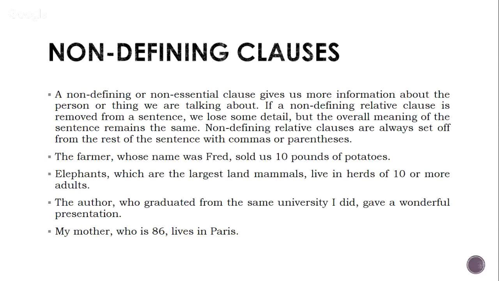So here we are giving more information about the person, right? The farmer who sold us 10 pounds of potatoes. So you're giving more information here, because you're saying whose name was Fred.